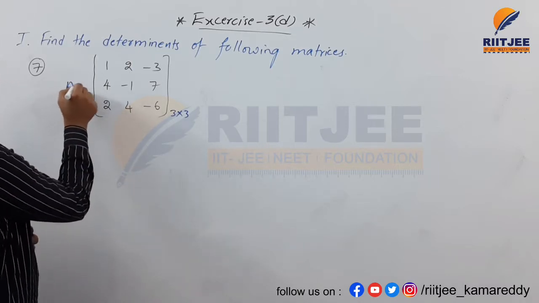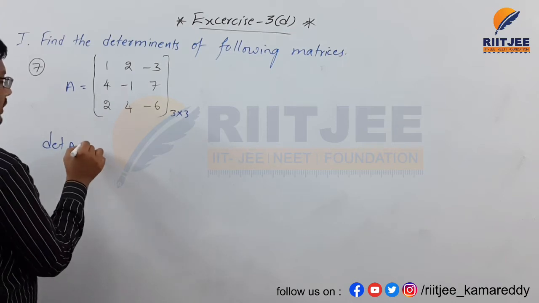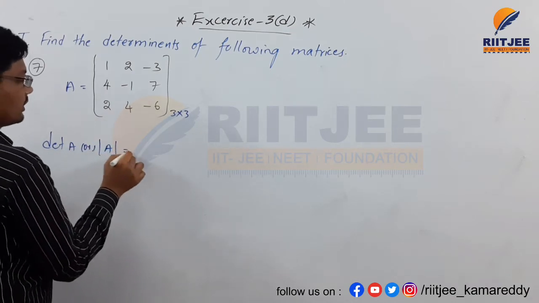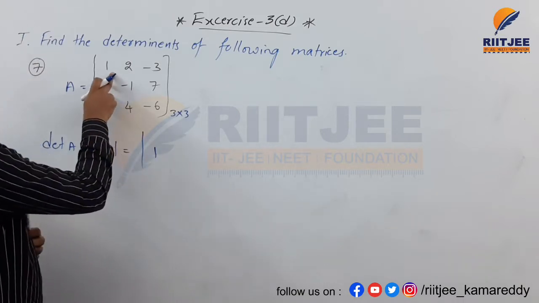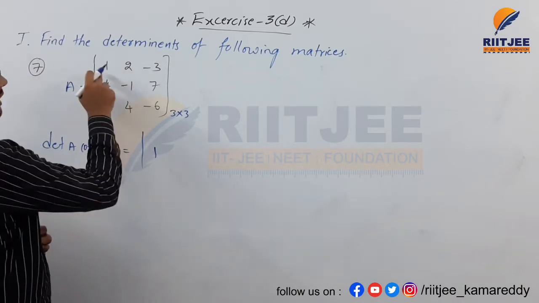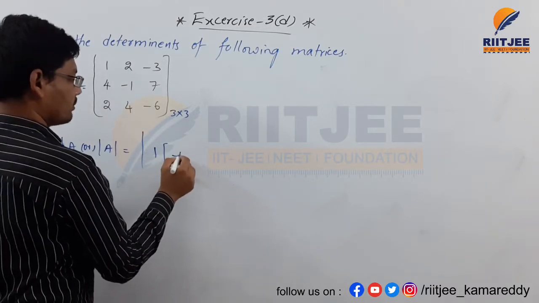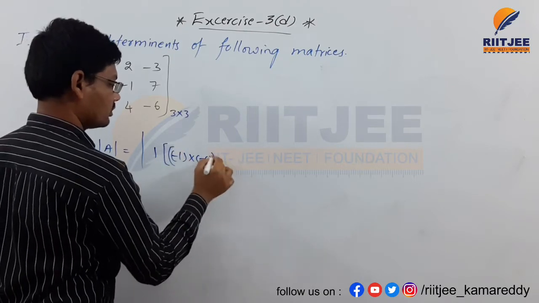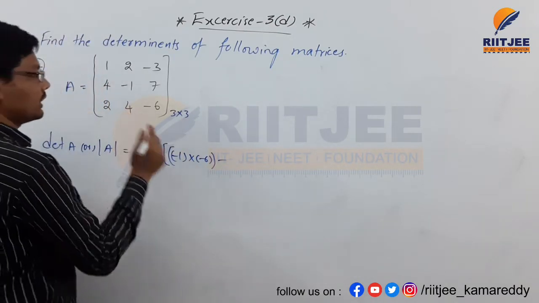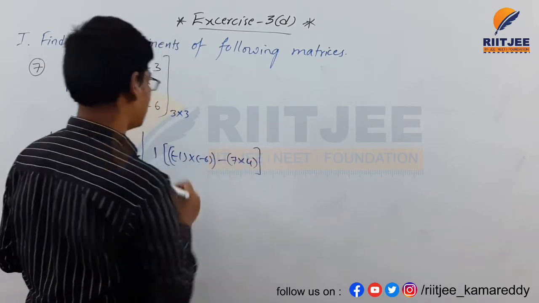Determinant of A, or mod of A, is equal to the modulus of 1 into, eliminating the row and column which has 1 here, A11, minus 1 into minus 6 minus 7 into 4, that is 28. I am directly writing the steps here.